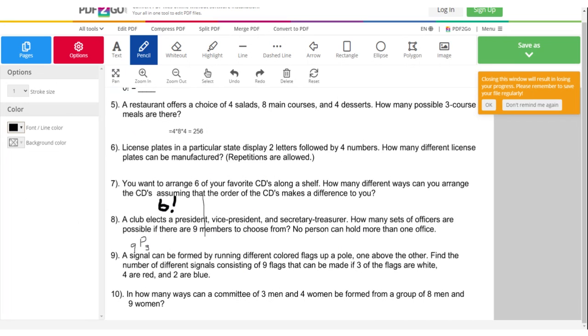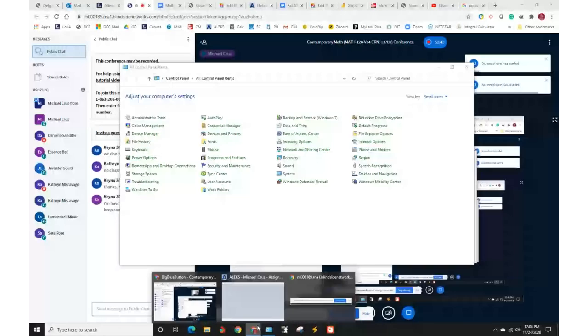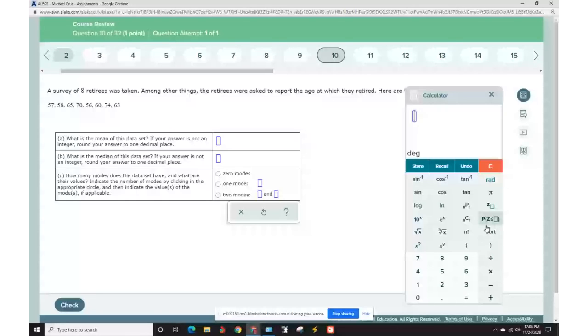So you can just pop that into the calculator. Let me remind you again where that's at. So that's this thing here. It was 8. So that's 336.